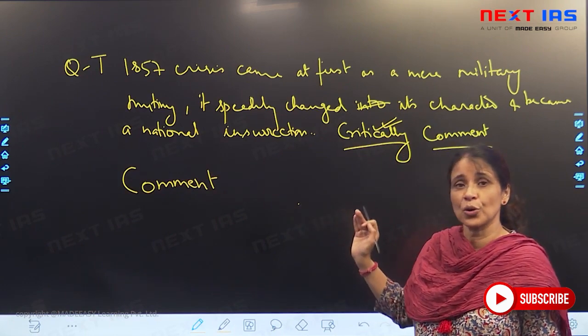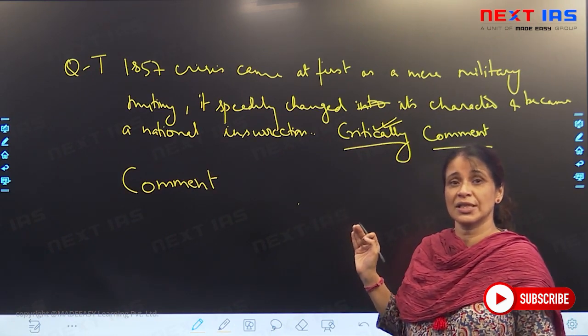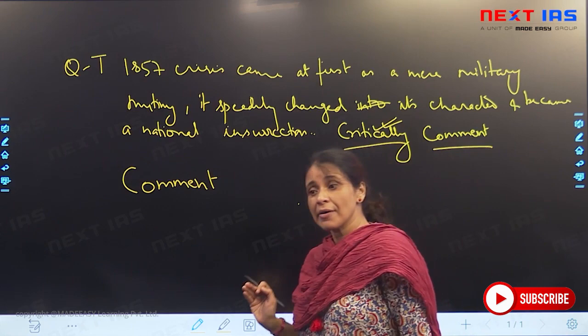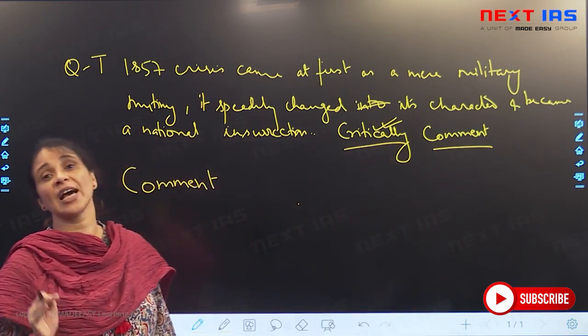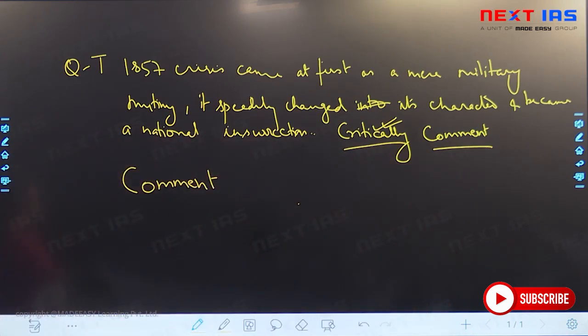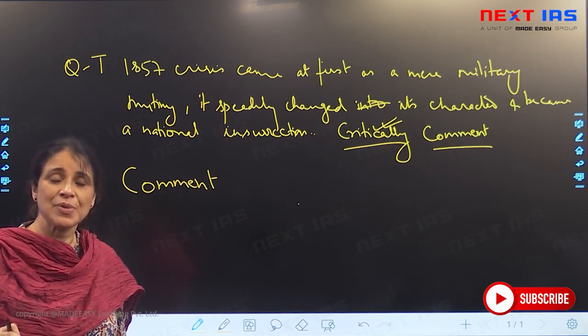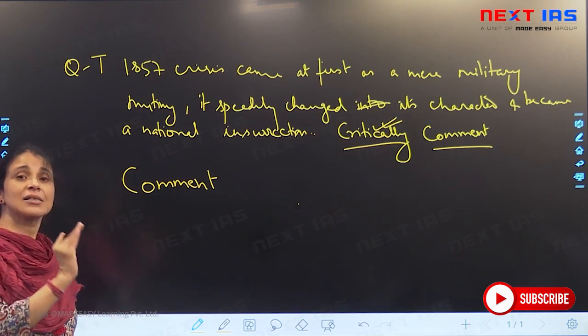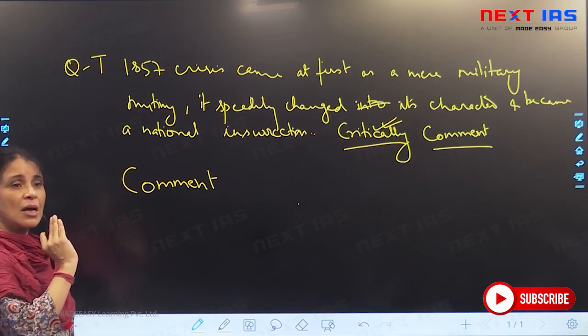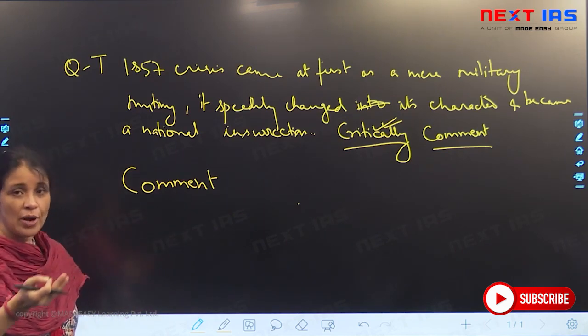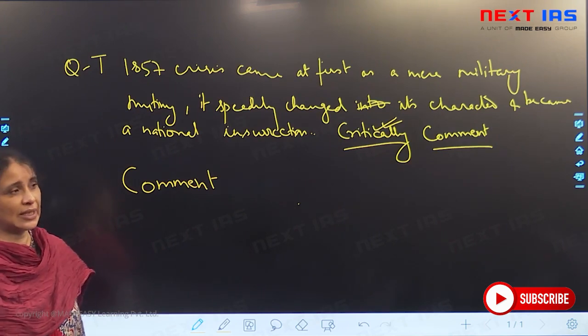So you have to give something positive: no, we are now moving towards transparency, we are moving towards e-governance, people are becoming aware. Though it is difficult, it can be done. It's not like it cannot be done. So the statement is negative, but you are also countering it with the positive.